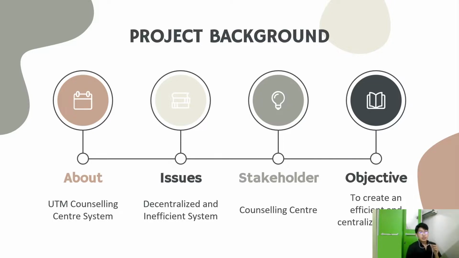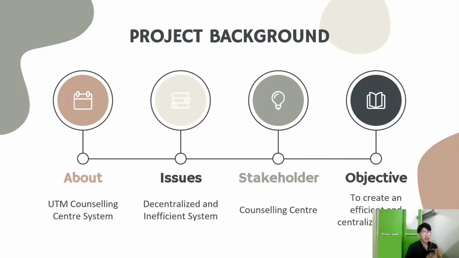The system is the UTM Counseling Center system, which is an improved to-be system, and the issue with the as-is system is that it's decentralized and inefficient. Decentralized, as the features are spread out and people can use many different platforms for the same process, which is inefficient.